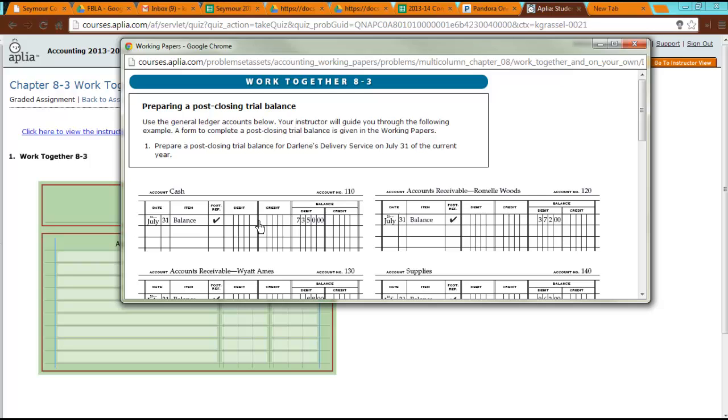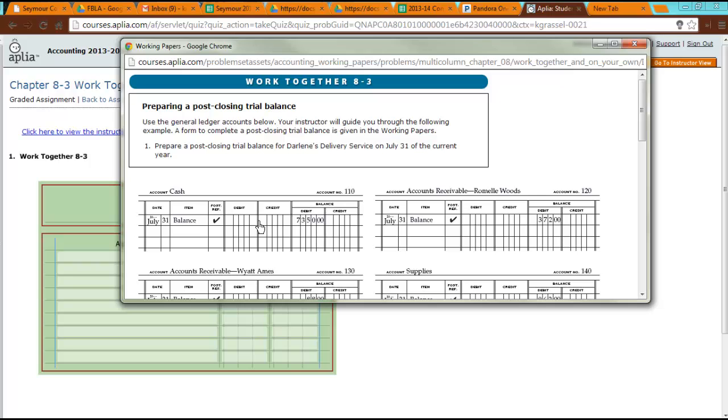So we should have assets and our liabilities and then our owner's equity. Doesn't matter the order of our assets. How do I know which asset goes first? Your account number. So cash should be 110, would you agree? The next account that I need to list needs to be 120.